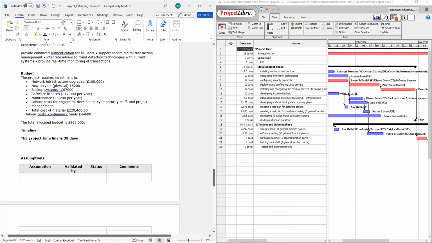And we're still looking at the Gantt chart, of which, look at this. The development phase will take 34 days.